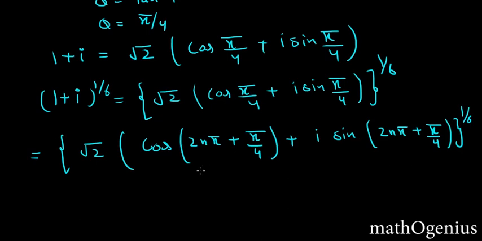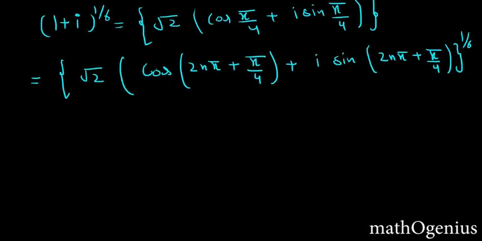We can take this root down. So what we will do is simply take this root down, which is 1 by 6, and when we multiply it by root 2, it's 2 raised to the power 1 by 12, because root 2 is 2 raised to the power 1 by 2, and multiplying by 1 by 6 it becomes 1 by 12.